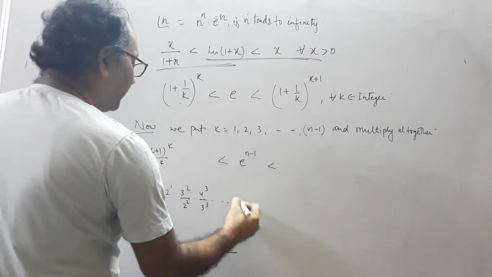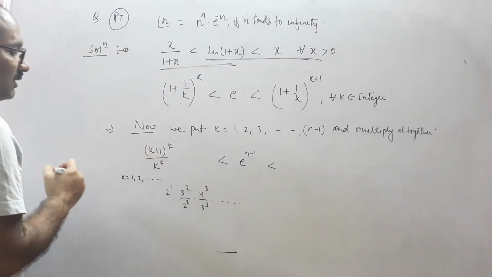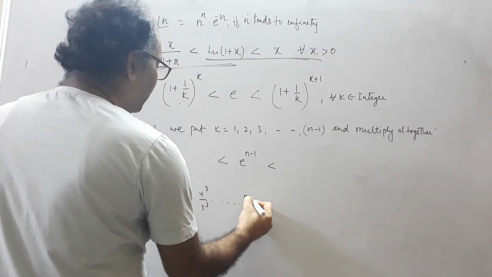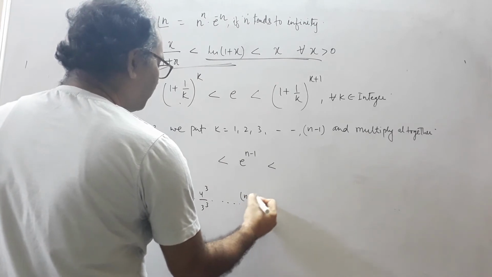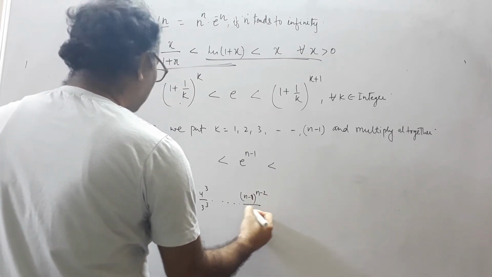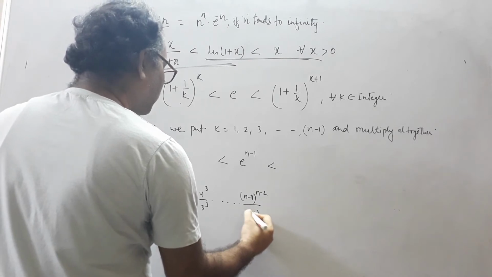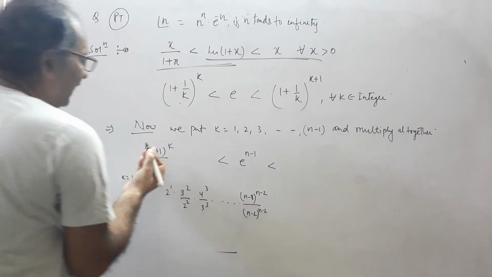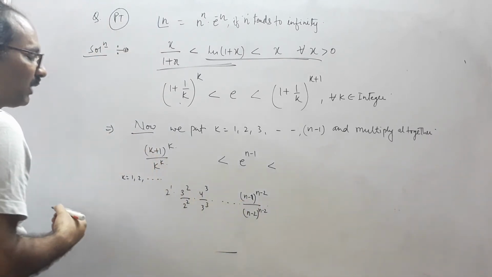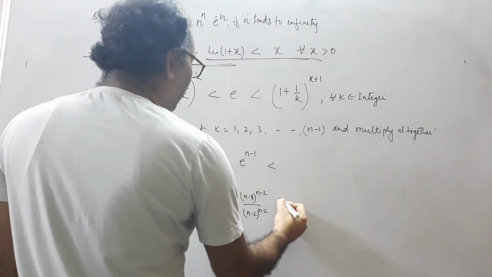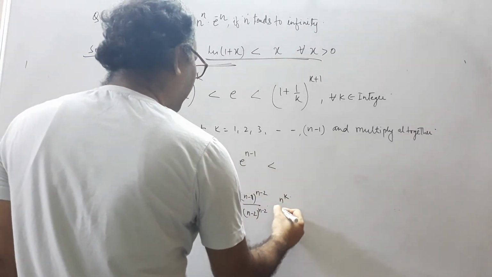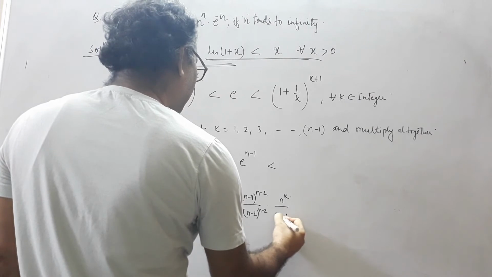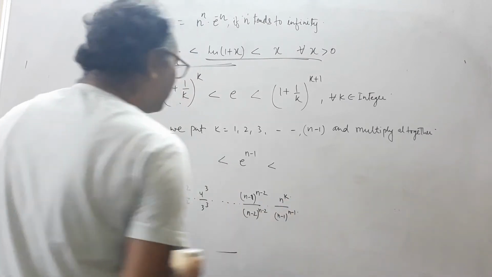And in this way, if we put k is equal to n minus 2, then we shall have (n minus 1) to the power n minus 2 divided by (n minus 2) to the power n minus 2. And if you put k is equal to n minus 1, then we shall have n to the power n minus 1 divided by (n minus 1) to the power n minus 1.